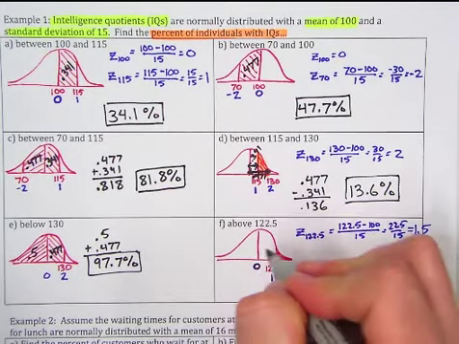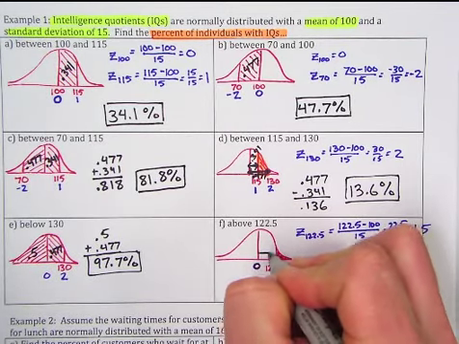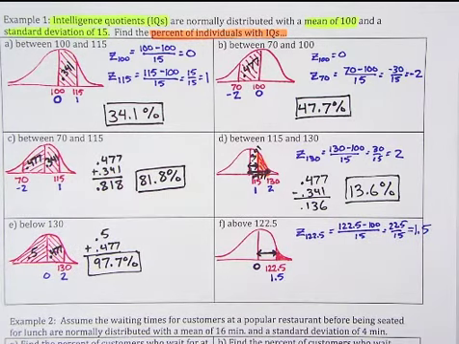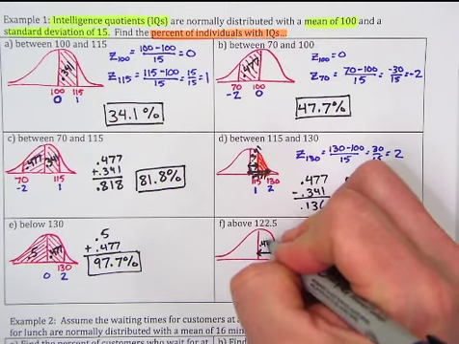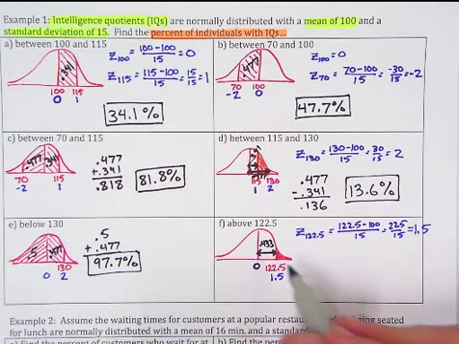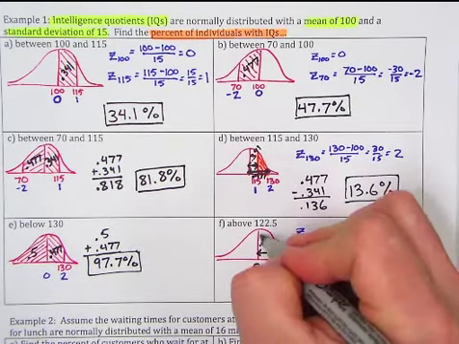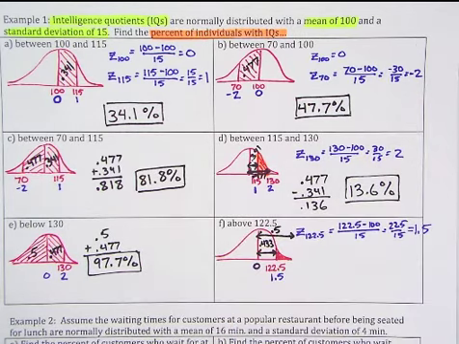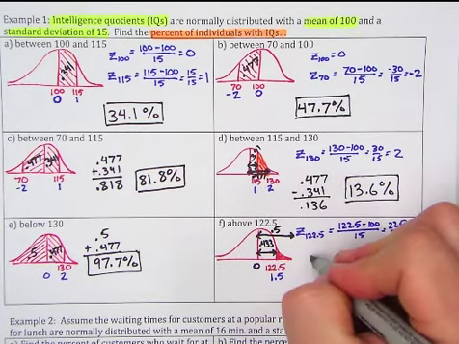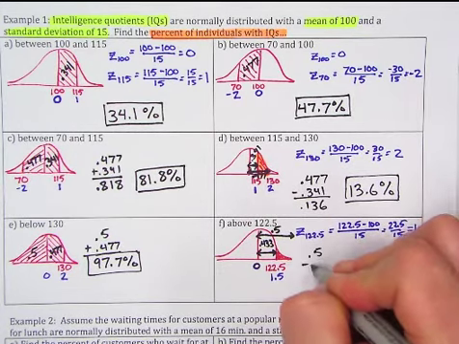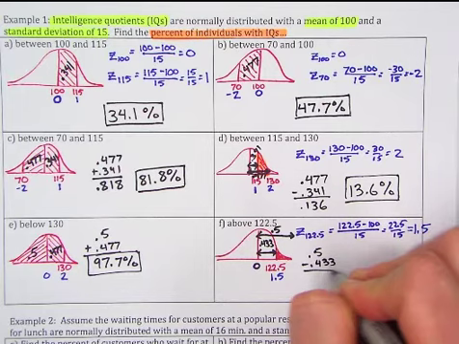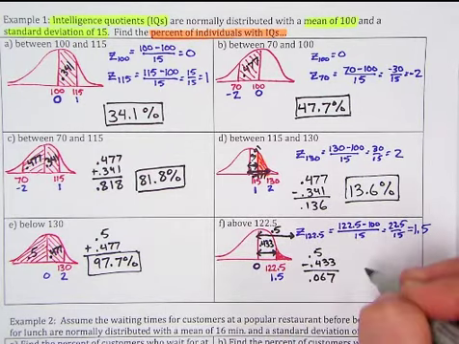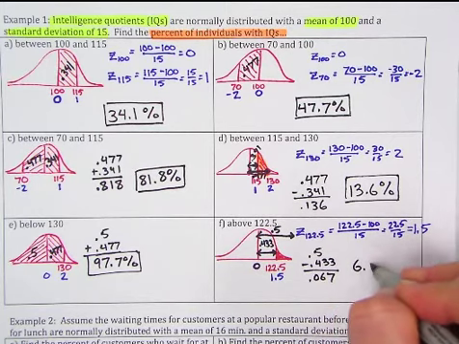So that area is going to be right here, from the mean to the z-score, 0.433. Now whenever you're doing this small tail, we remember that this is 0.5 and we're going to subtract. So it's 0.5 minus 0.433, which gives us 0.067, which corresponds to 6.7%.